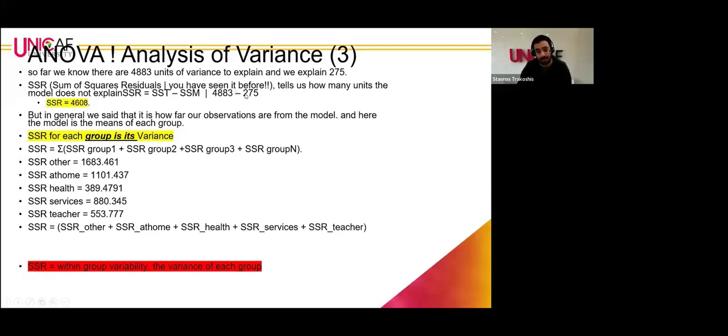Then groups explain 275, so there are 4,608 units of variance due to error or due to unsystematic variation. We can get this number by summing up the variances of the groups as well. The variances of each group total to this. So SSR is our within group variability.